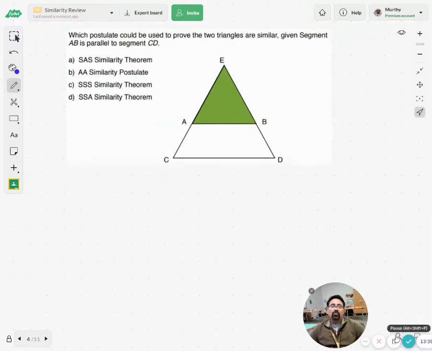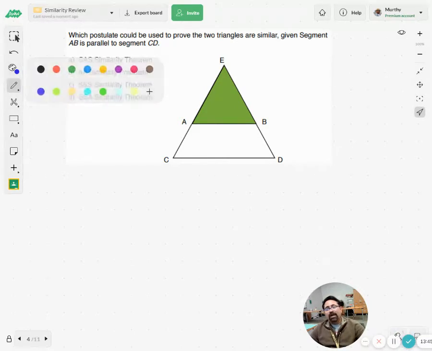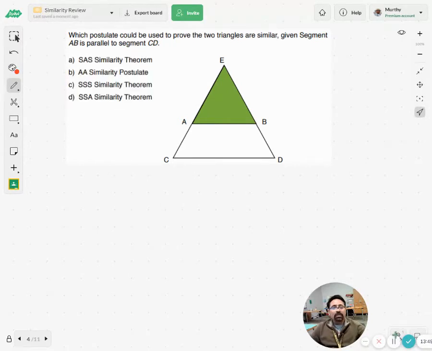Which postulate could be used to prove that two triangles are similar, given segment AB is parallel to segment CD? Always identify the key information in the given question. So AB is parallel to CD, let me mark it.